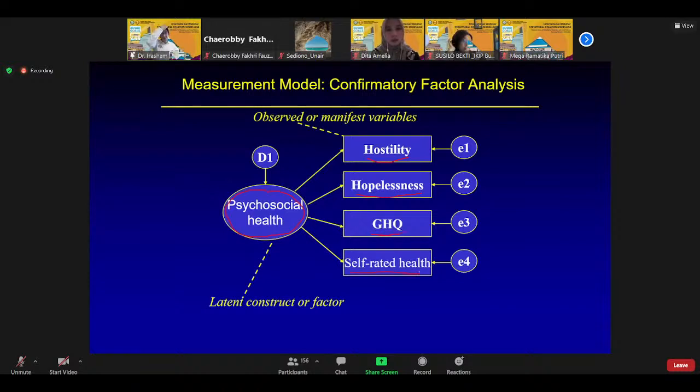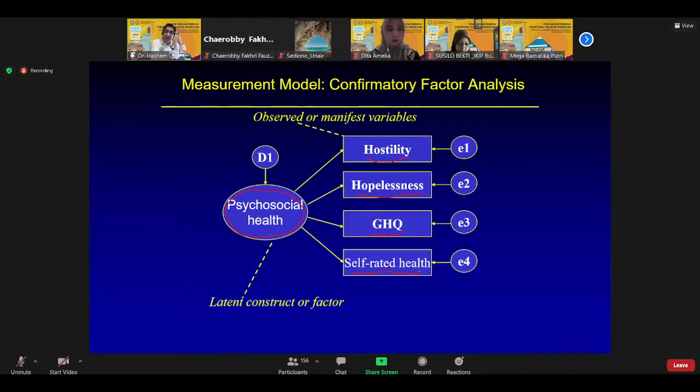As you can see, for the measurement model we're just talking about the latent variable and its measurement, right? So this is the confirmatory factor analysis for the first part, the measurement model.